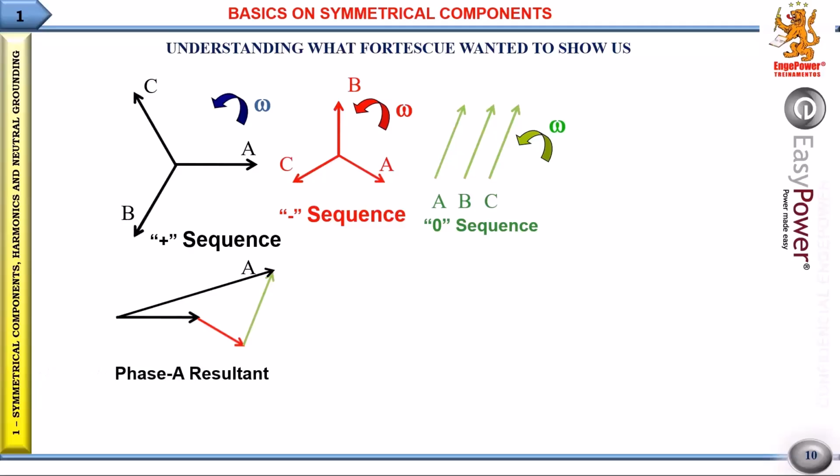We can do the same for phase B, placing the positive sequence phasor for phase B, negative sequence for phase B, and zero sequence for phase B. The resultant will be the one shown here.